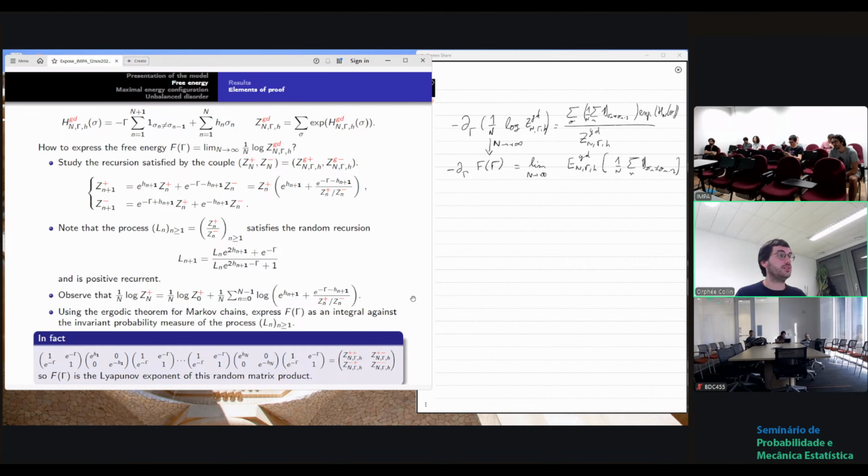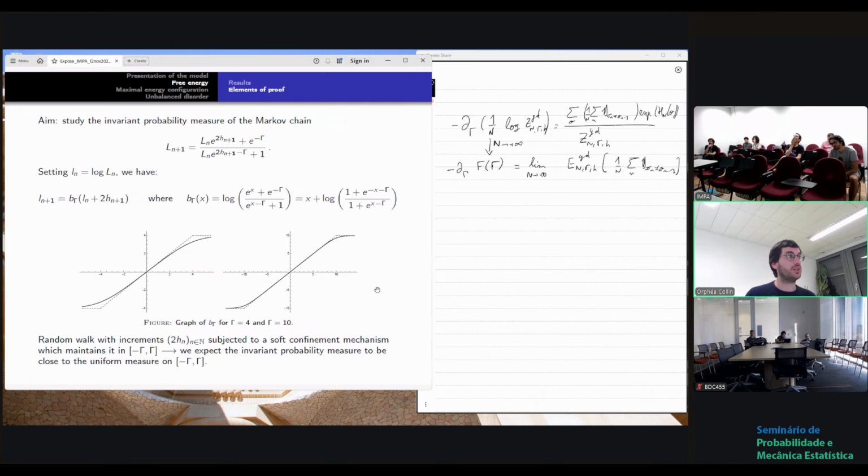Therefore, the 4 coefficients of these random matrix products are exactly the 4 partition functions with the 4 different boundary conditions. So the exponential growth rate of the partition functions is the so-called Lyapunov exponent. There's a general theory, and what I did is just a pedestrian way of obtaining the formula for the Lyapunov exponent.